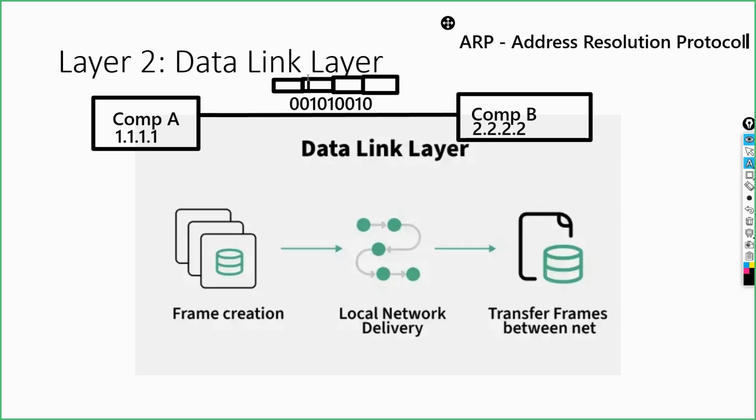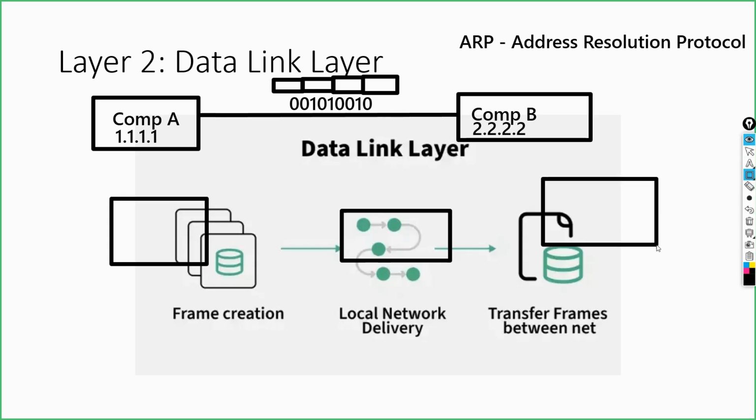And one important function of the data link layer is access control. Let's say, for example, this is computer A, this is computer B, and then you have multiple computers in your network. A single communication channel is shared by multiple devices.